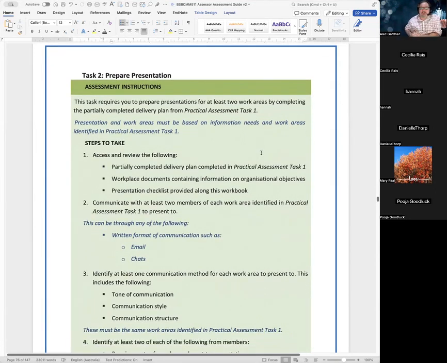Then you're going to prepare your presentation. And this task requires you to prepare presentations for at least 2 work areas by completing the delivery plan. So presentation and work areas must be based on information needs and work areas that you identified in task 1.